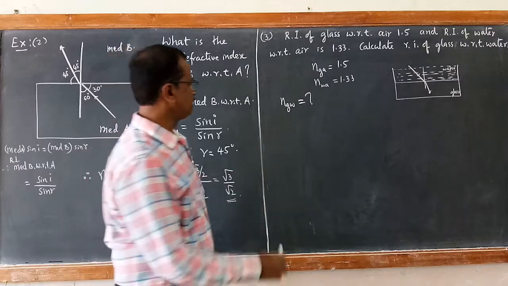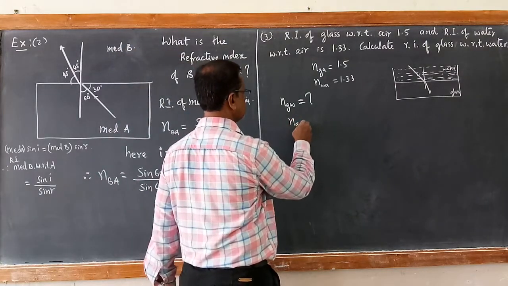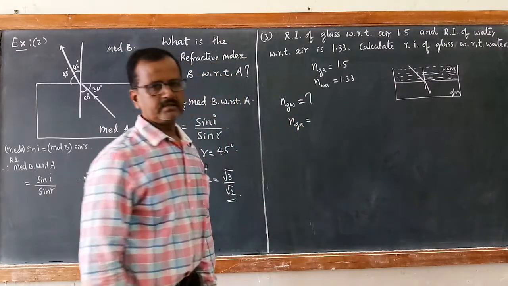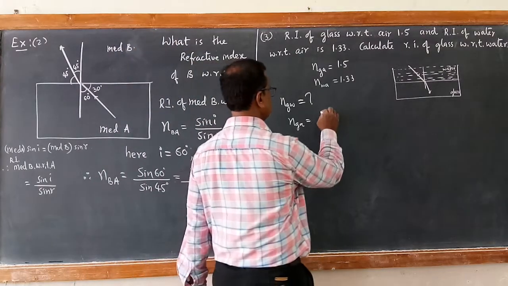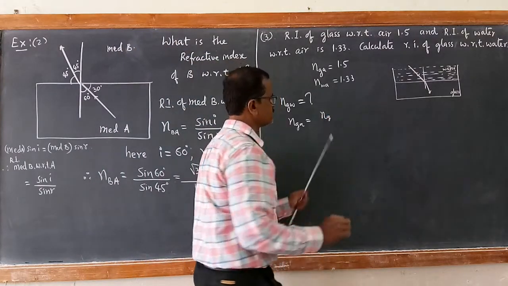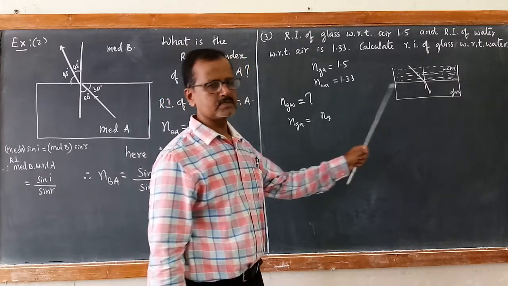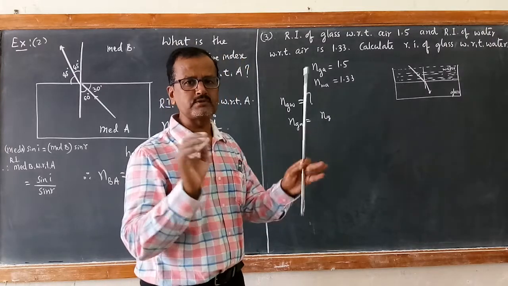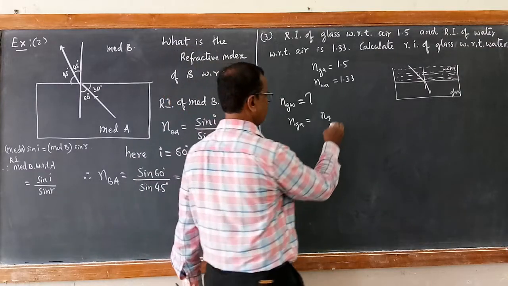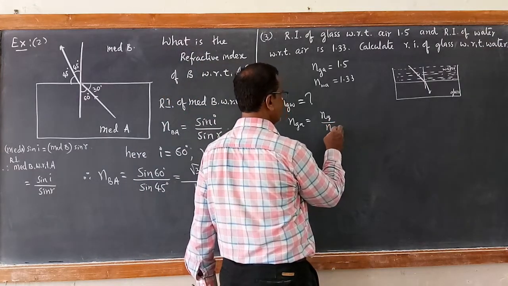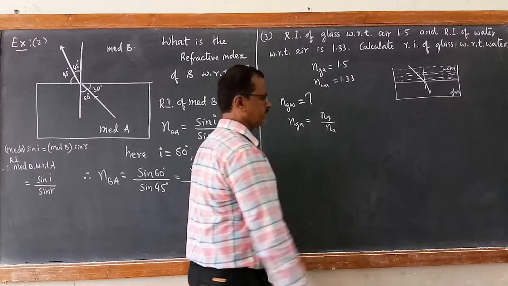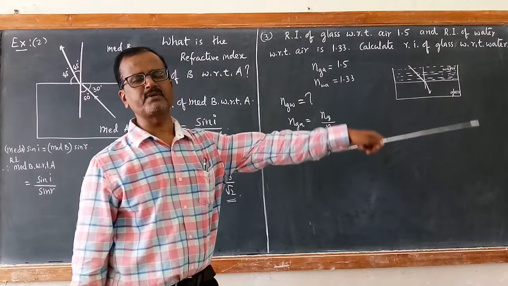Now again, write the refractive index of glass with respect to air as the refractive index of glass with respect to vacuum, that is, the absolute refractive index of glass, divided by the refractive index of air with respect to vacuum.